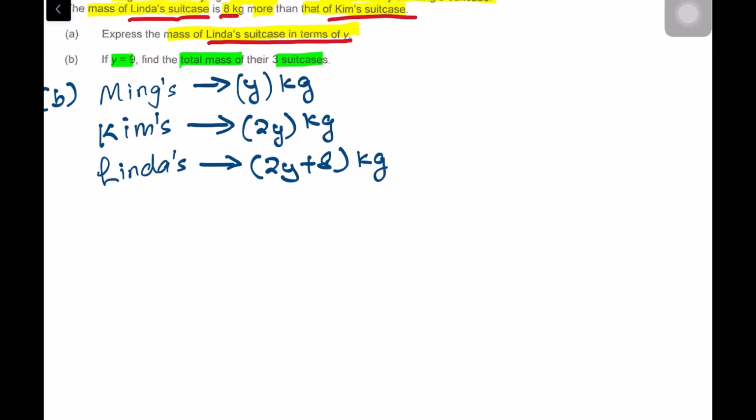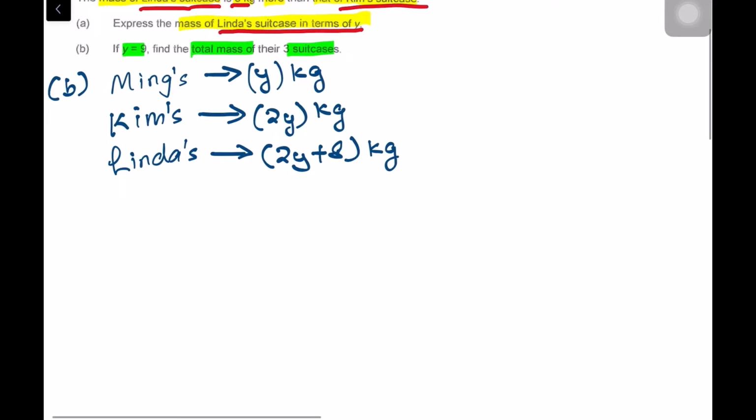The first method is to straight away substitute the value of y equals 9, and then you get the mass of Ming's suitcase is 9 kilograms. The mass of Kim's suitcase is 9 times 2, which gives us 18 kilograms.